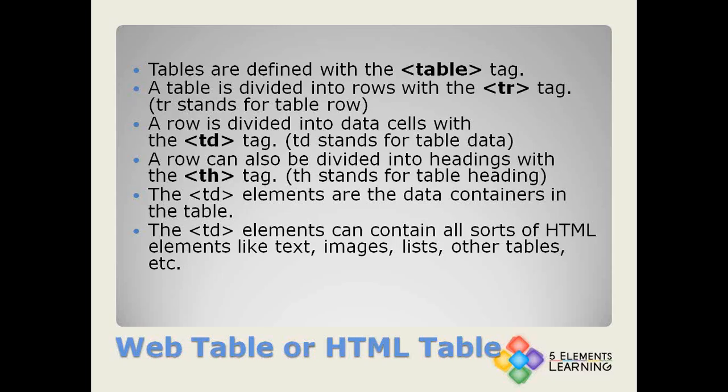Okay. So what is a web table? A web table is basically an HTML element which helps us in representation of data in the form of rows and columns on the screen. And many a times it is used to present or display information in an effective manner.